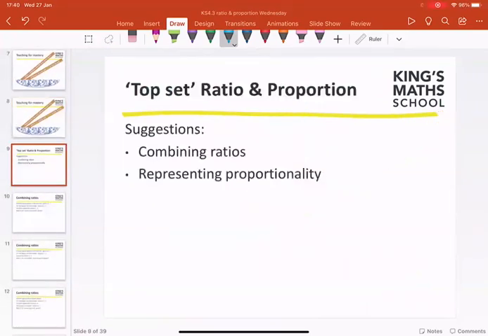So there are two sections, each quite chunky, quite meaty, or quite tofu-y if you're practicing veganuary. We're going to think about combining ratios, and we're going to think about representing proportionality. I haven't got any of the standard ratio questions, like if A to B is 3 to 7 and B to C is 5 to 4, what's A to C?